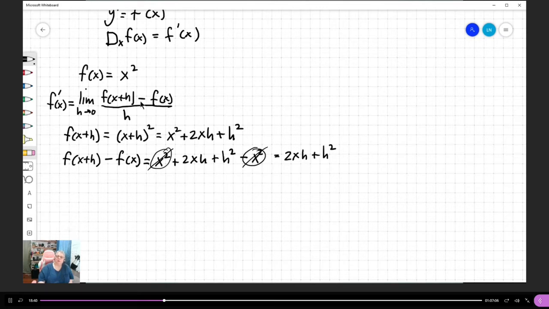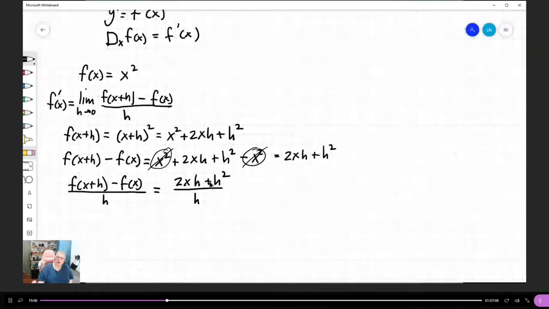All right, so now I need to put the fraction together. So f of x plus h minus f of x all over h. Again, I work the numerator out. That's what this is: 2xh plus h squared all over h.